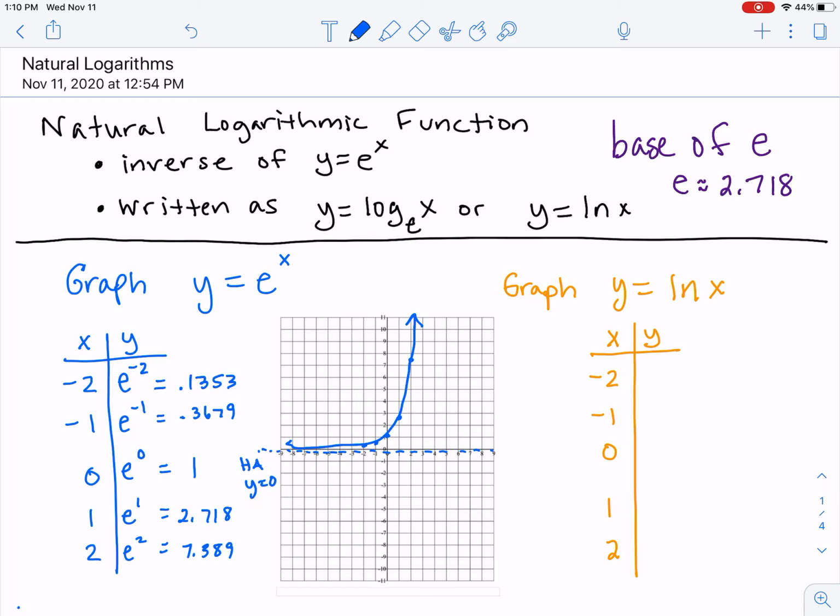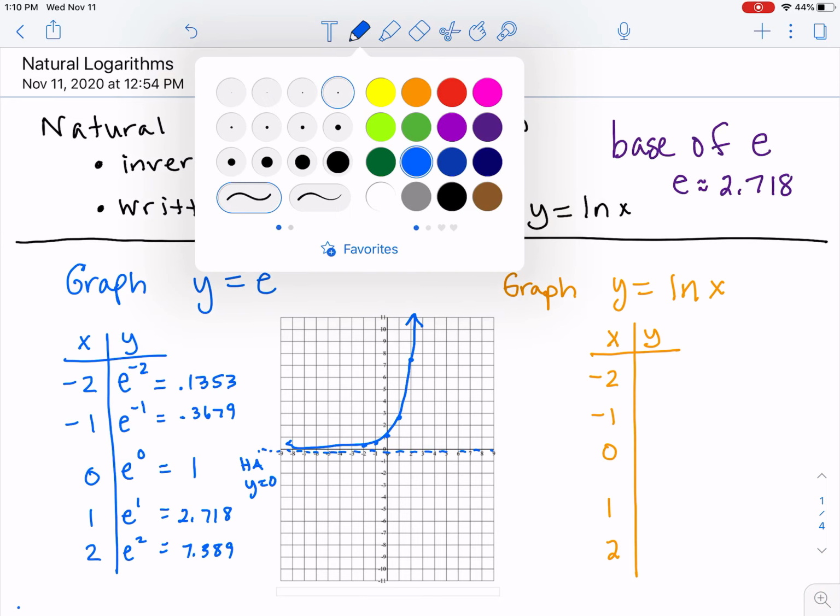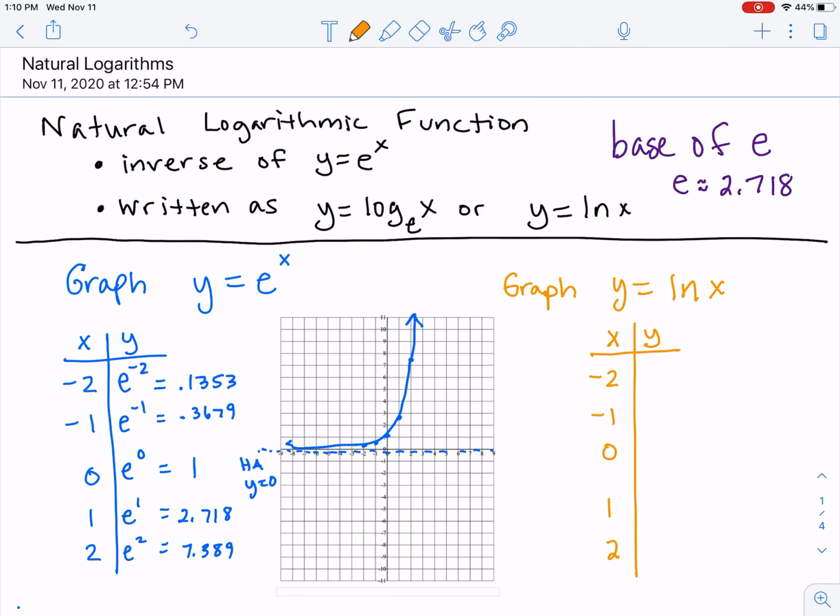Okay, so let's graph the inverse of it. The inverse of y equals e to the x is the natural log of x. I probably shouldn't have put the x values in, because what happens when we have those x values? You switch your x and your y values.